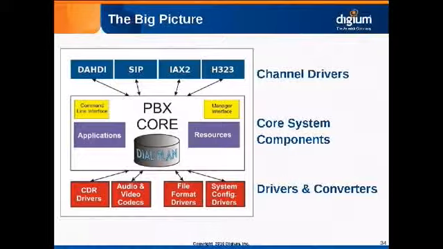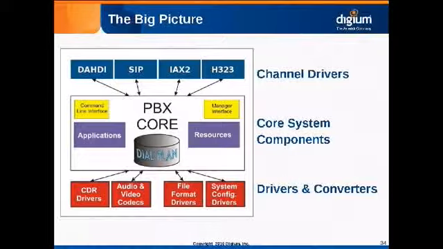So you see I've got a SIP channel driver up there, for example. That's the piece of Asterisk that talks SIP to the outside world and converts that into something that the core of Asterisk can understand. We've got a channel driver up there called DAHDI. DAHDI is the Digium Asterisk Hardware Device Interface. Nice name. That's what talks to analog cards, T1 cards, traditional telephony cards. The other channel drivers up there, IAX2 and H.323, those are other voice over IP protocols that Asterisk knows how to talk.